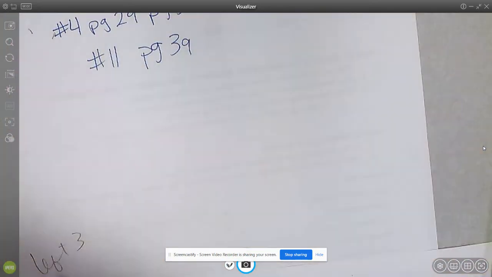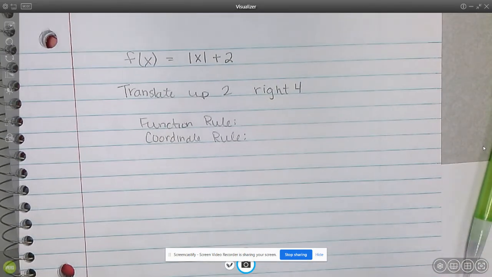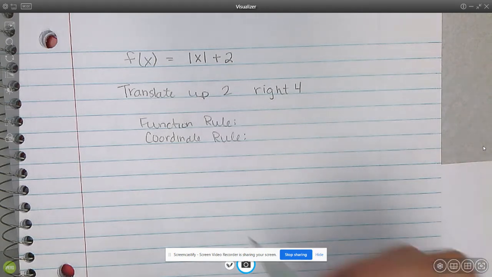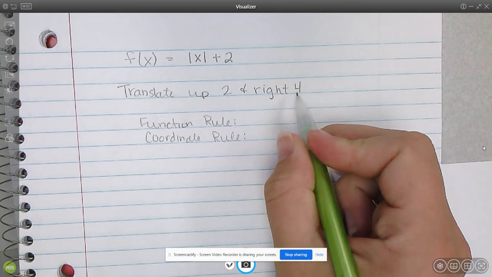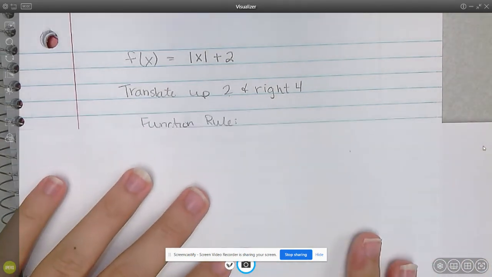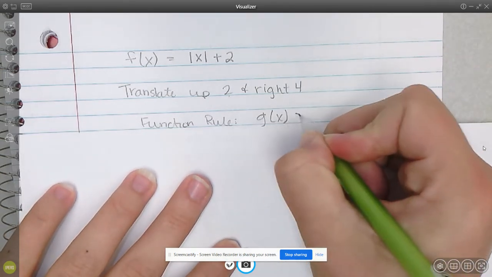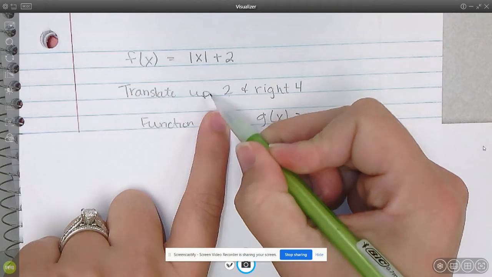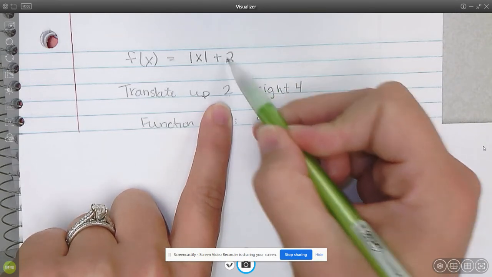Okay, let's do one more. We switched up our function. Now we have the absolute value of x plus 2, and we want to translate it up 2 and right 4. So our function rule, we'll call it g of x equals, up 2 means you are going to be adding to the end.